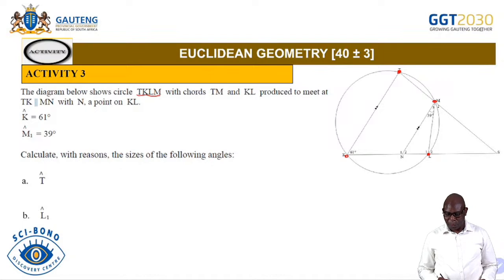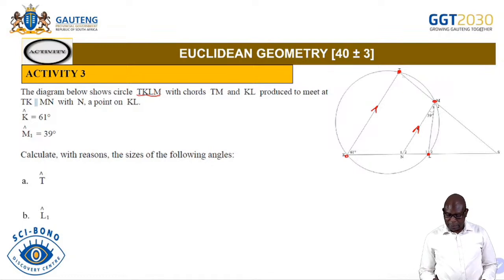So I have a cyclic quad there, T, K, L, M, because all 4 points are on the circle. This line here is parallel to that. I will not have any alternating angles here, please. I will have co-interior angles that I'm going to show you now. K1 is given as 61 and then M1 is given as 39. Calculate with reasons the size of that angle T.